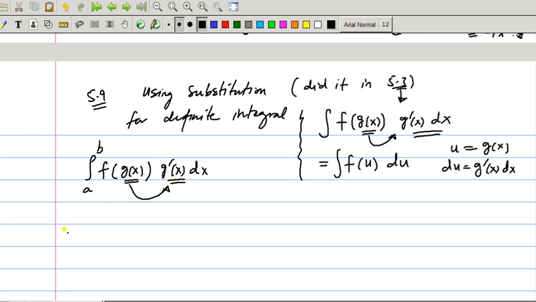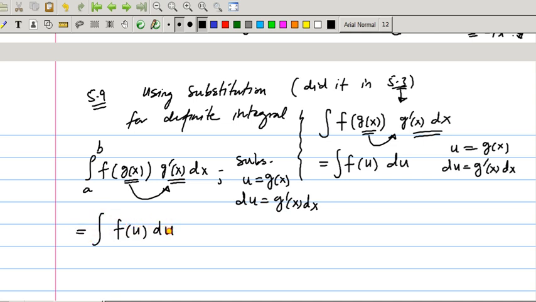I will still look for that. So we will substitute u is equal to g(x). So du will become g prime x dx. So here I will get integral of f of u du, because this g(x) becomes u, right? And this whole thing becomes du. Agree?